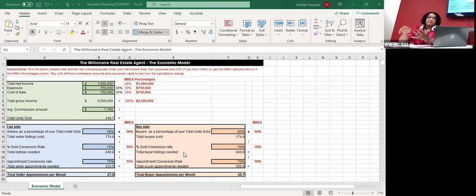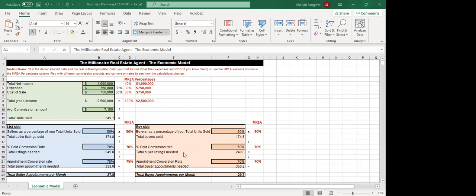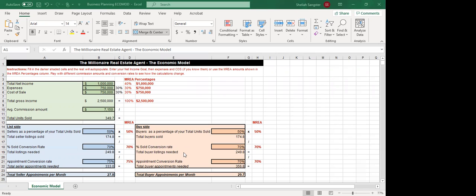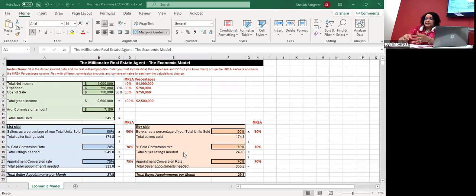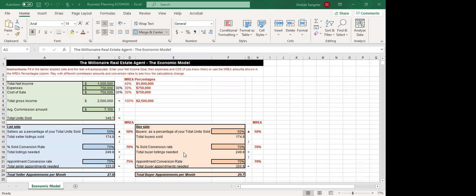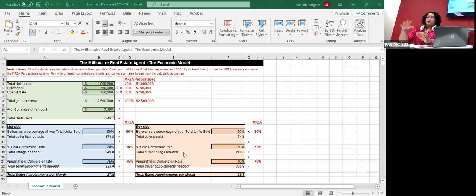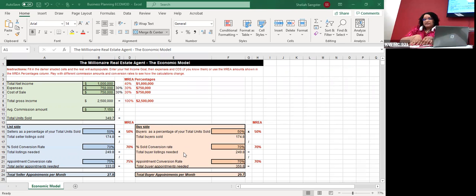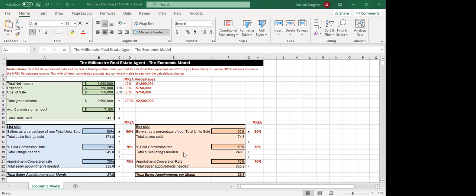That's salaries, marketing, anything related to signs, presentations for your buyers and sellers. All of that is incorporated into your expenses. Cost of sales is basically what you're paying out to others, and the expenses are your admin, salary, rent, all of that. Your gross commission income is basically the total revenue of your sales, your closed transactions.